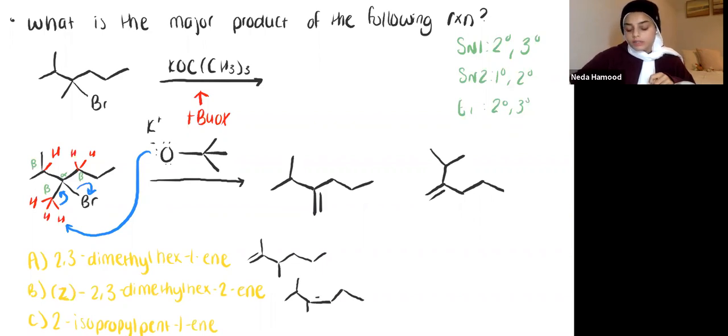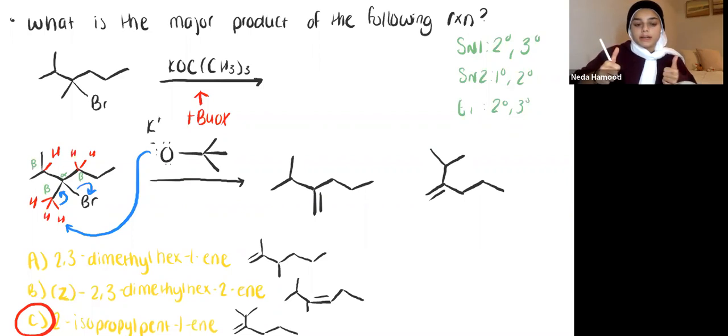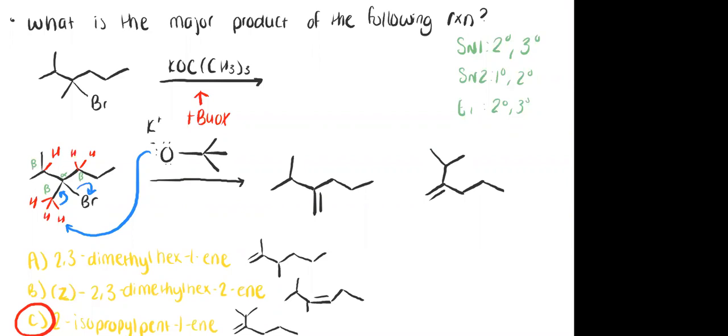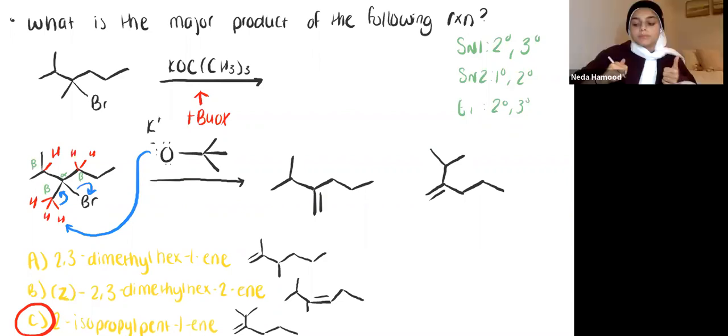And our last one looks like this. So our answer here is going to be C, 2-isopropylpent-1-ene. Everybody good with that? Wait, what was the question again? What is the major product of the following reaction?